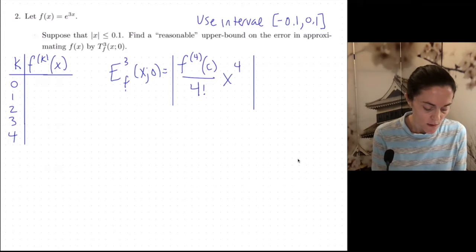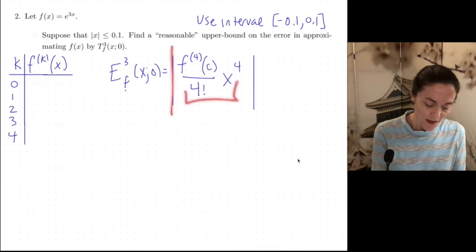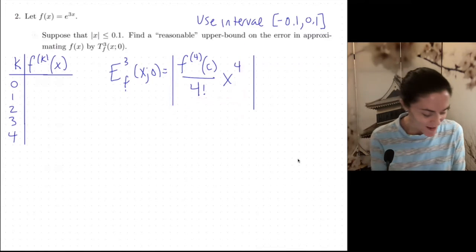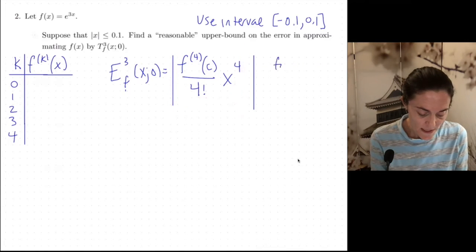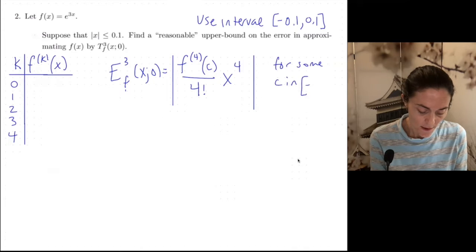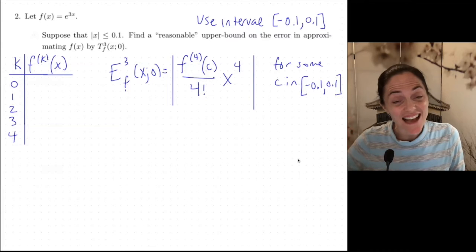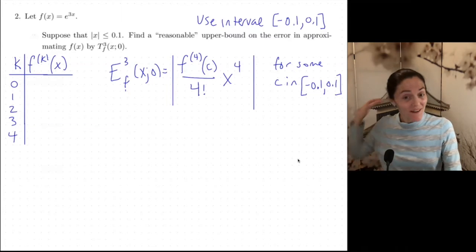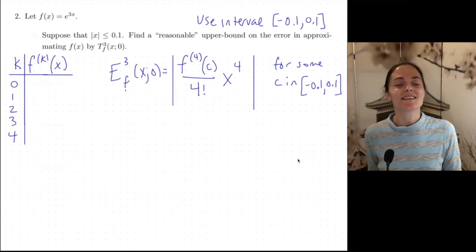So this is what the remainder looks like. And then to get the error, we put absolute values. And this is for some c in this interval. We don't know what c is, and our goal is not to find c. We want to find an upper bound on error using this, okay?